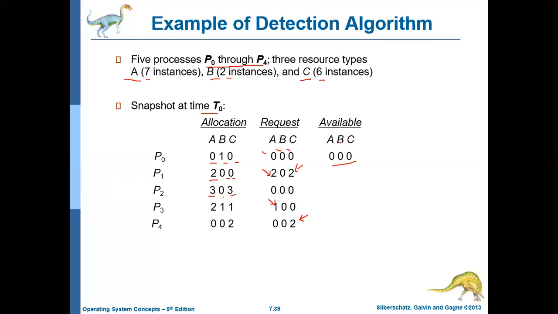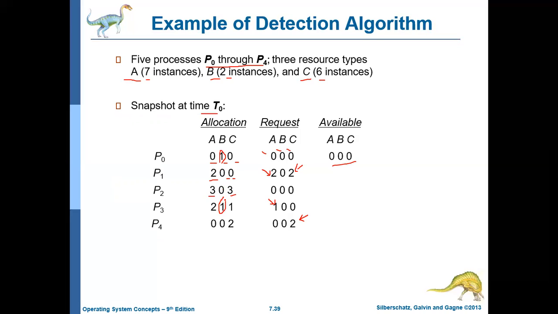Available is 0. That is, currently no resources are available with the operating system, because the operating system has 7 instances of A in total. If you count this, 2 plus 3, 5, 5 plus 2, 7. All 7 are allotted to various processes of resource type A. Similarly, there are 2 instances of B, and those 2 are already allotted to some processes.